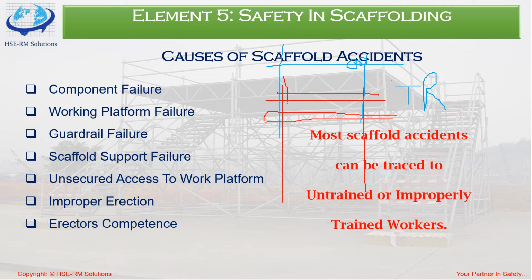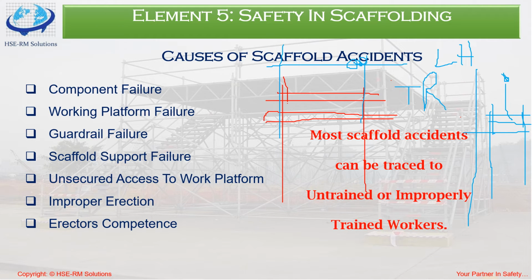Now, in most cases, prefer not to anchor yourself in guardrails or with the scaffold structure. Specifically, when you're working on a scaffold, make sure there is a possibility to anchor yourself with a supporting structure or with a lifeline. Prefer that most, because in case of scaffold failure or scaffold collapse, you will at least be safe.